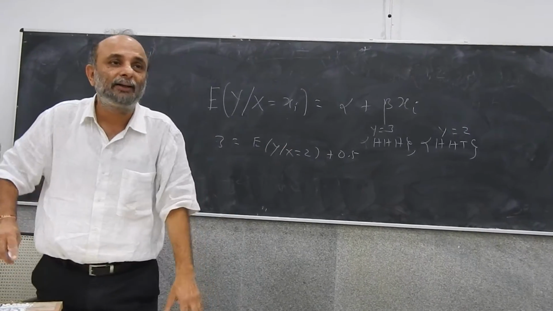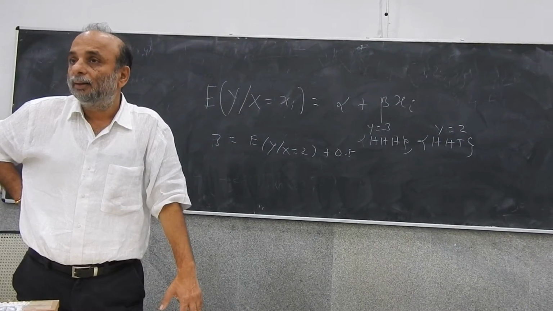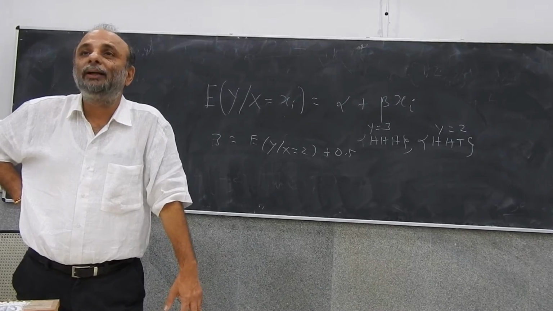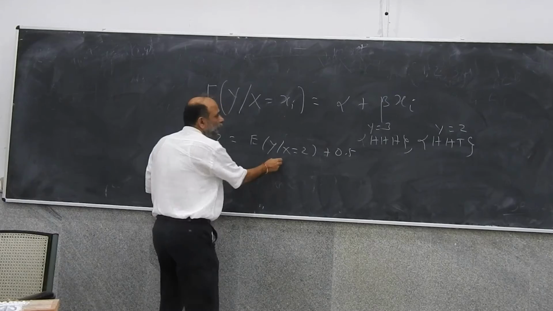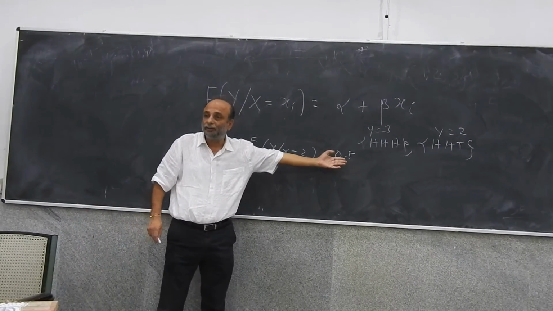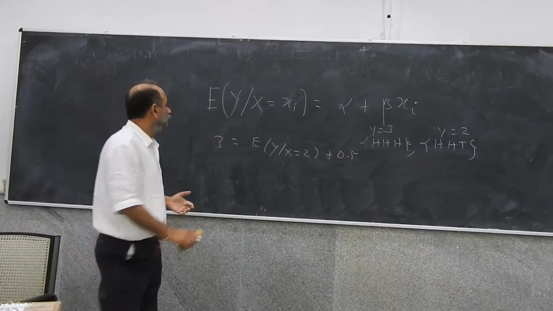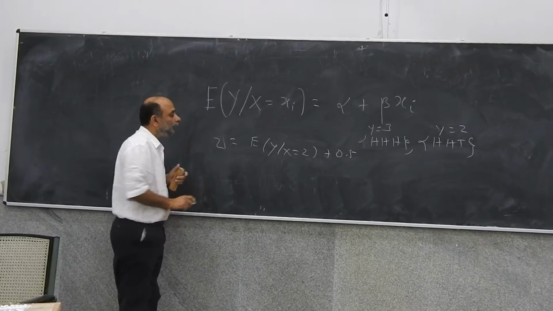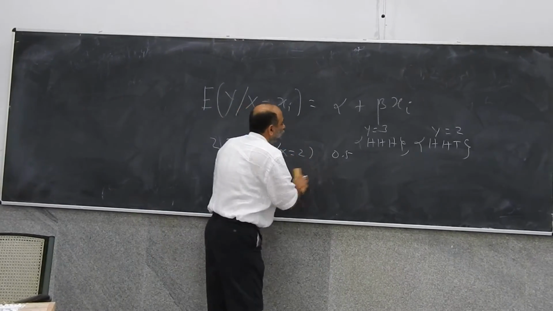What allows me to write that? Because what is this value? 2.5. So what is 2.5 plus 0.5? 3. Right? Sure? So if I were to write 2 here, what will I have to write this as? Minus 0.5.